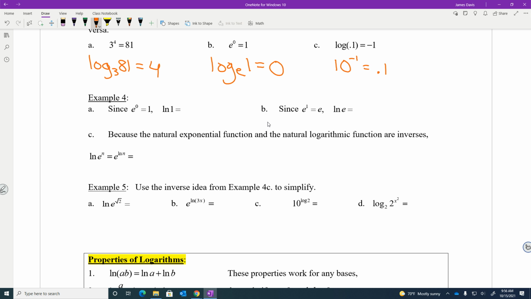Right. So then some other properties here. E to the 0 equals 1. So then the natural log of 1 equals 0. I'm not sure what it's trying to do.